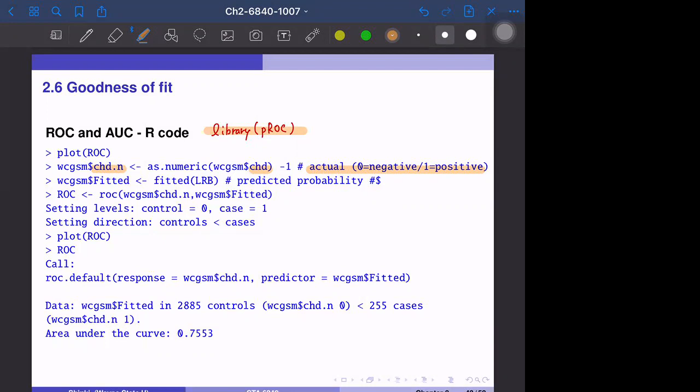So we subtract 1 to make it a 0-1 variable. And the fitted value is the fitted probability, so this should be the predicted probability. If we use these two variables, we can make the ROC curve by using the roc function. The first argument is actual. The second argument is predicted probability.